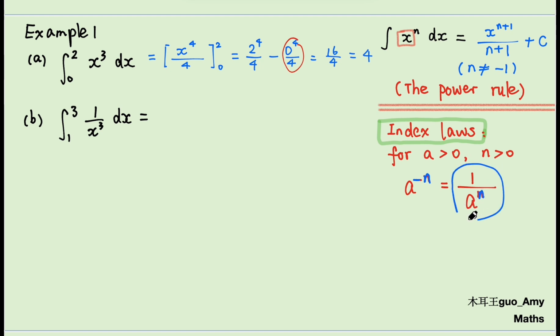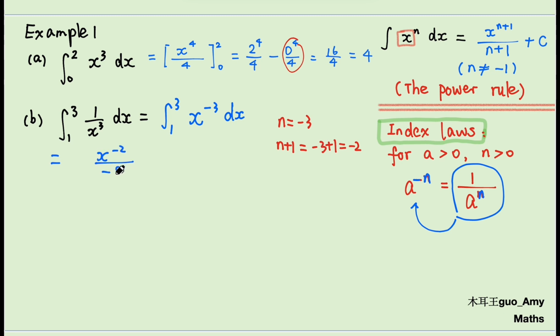In this case, the fraction can be converted to the negative power. Therefore, we will rewrite in this way, x to the power negative 3. We see n is equal to negative 3. Then the new power will be negative 3 plus 1 equals negative 2. We will have x to the power negative 2 over negative 2.